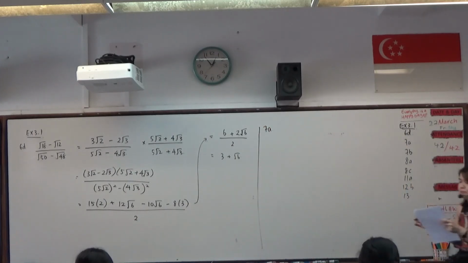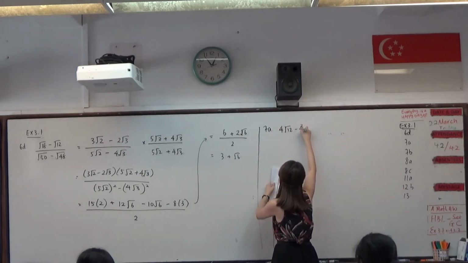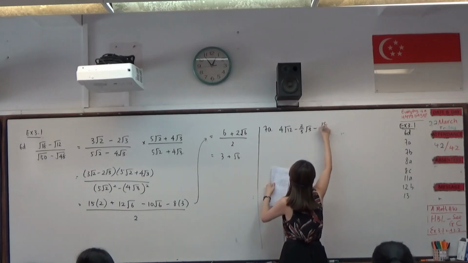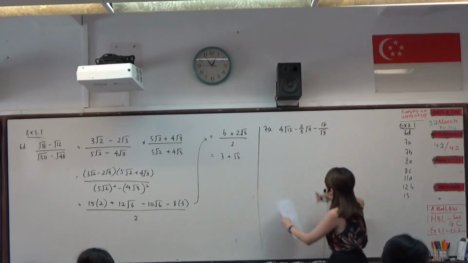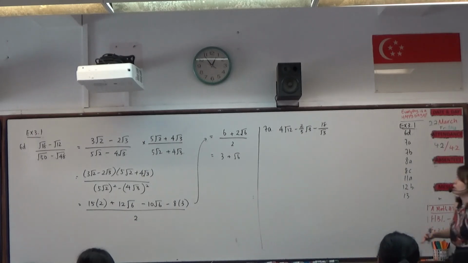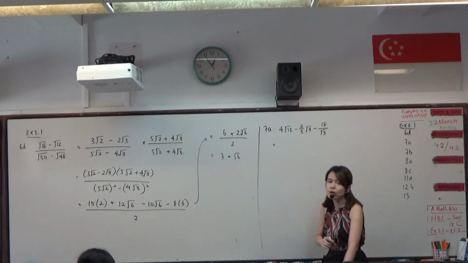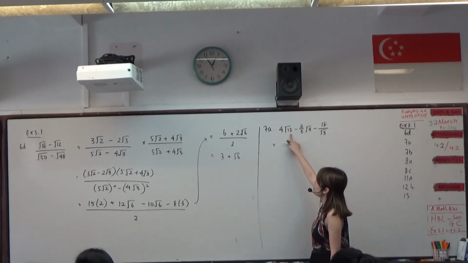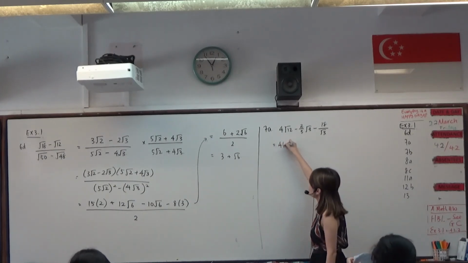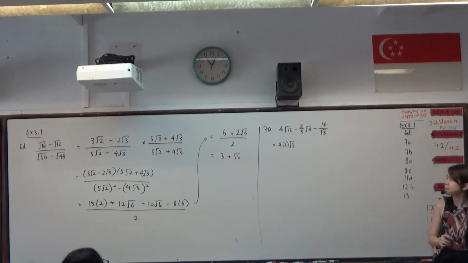Next for 7A, we try to simplify it first. 48 is 16 times 3, so square root of 16 is 4. So 4 times 4 root 3.